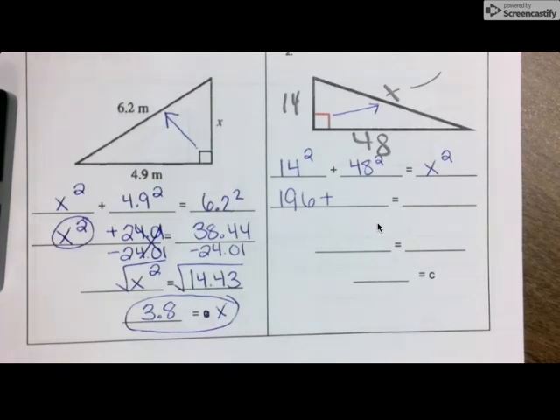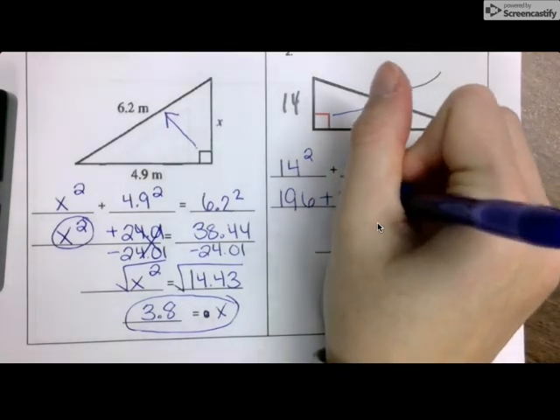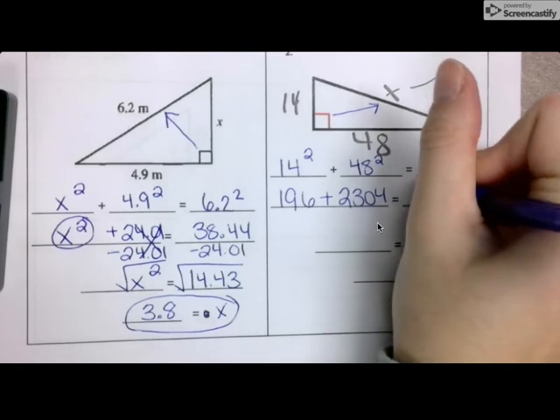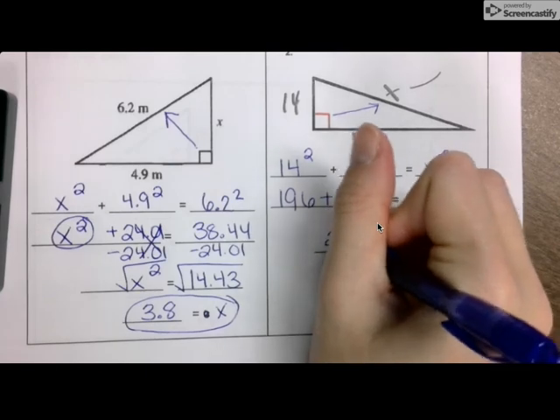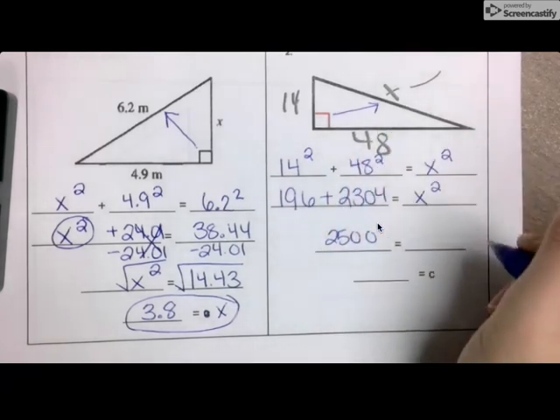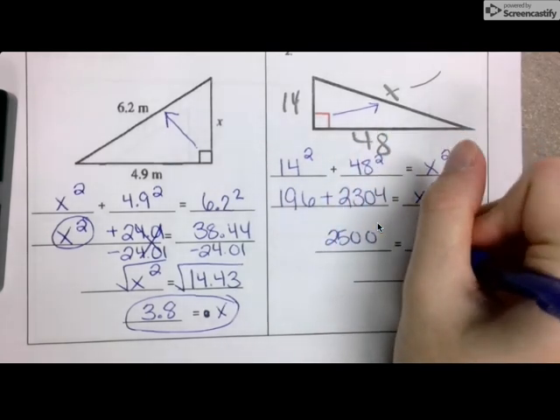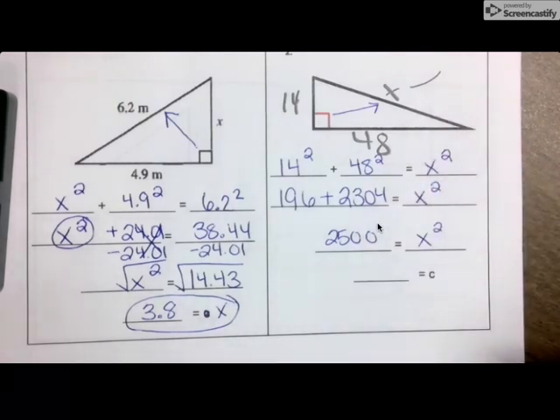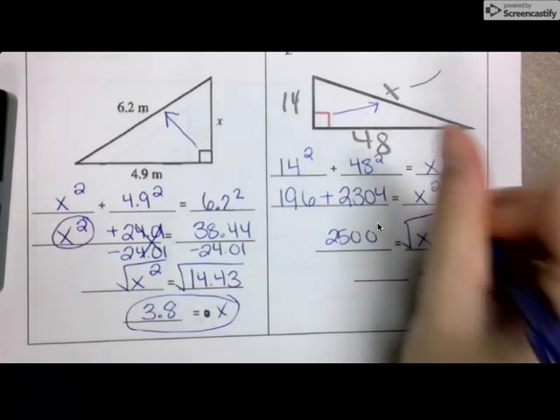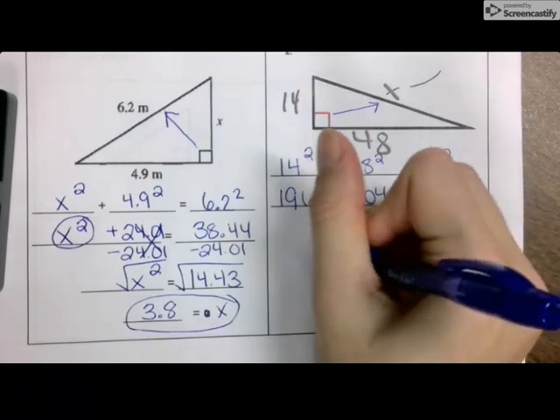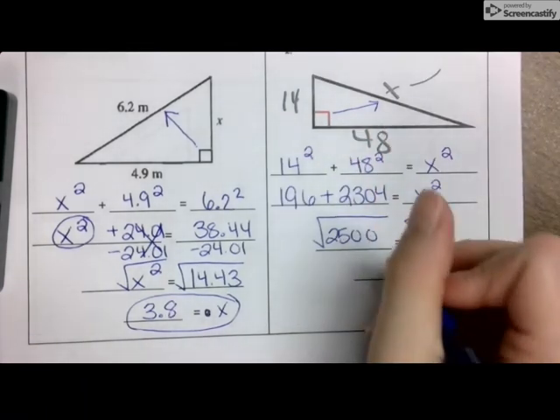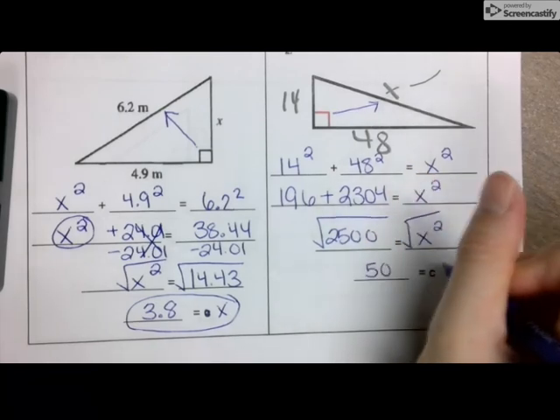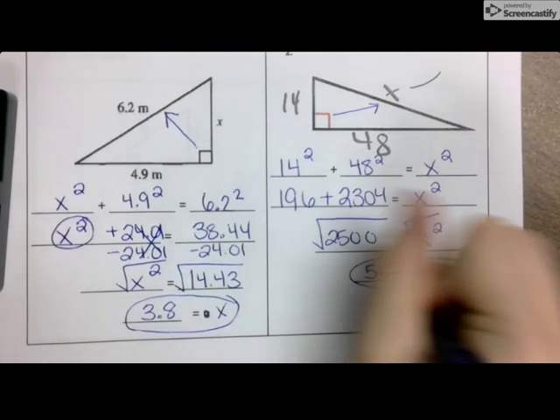That's going to be a heck of a number, isn't it? And that's going to equal x squared. Add those two together. We get 2500 equals x squared. How do I get my x squared alone? Square root both sides. And you, in fact, get 50 is equal to x.